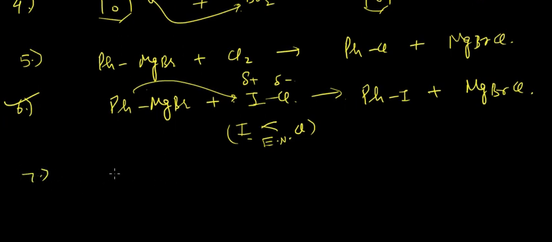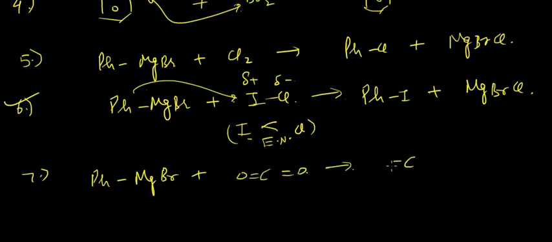Okay, so let us have something like PhMgBr plus dry ice or CO2. What would happen in this case? We would have something like O minus, Ph and Mg plus and Br here.